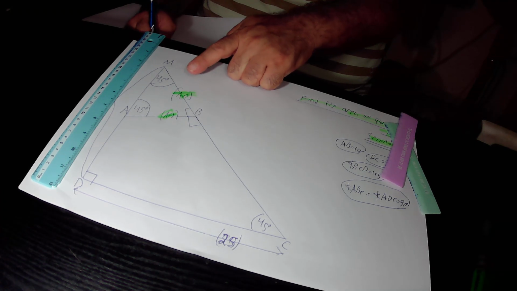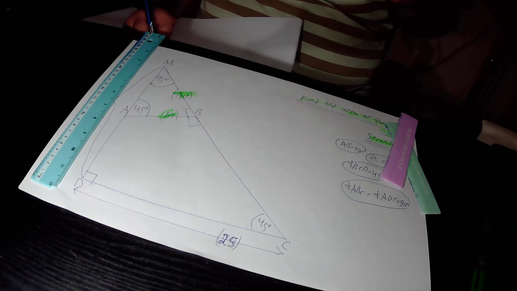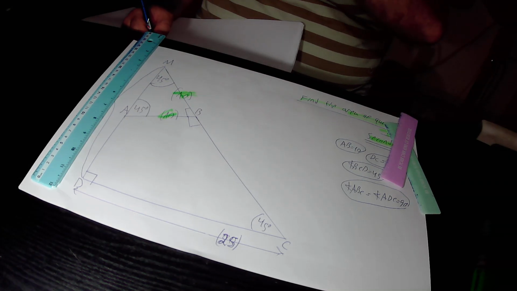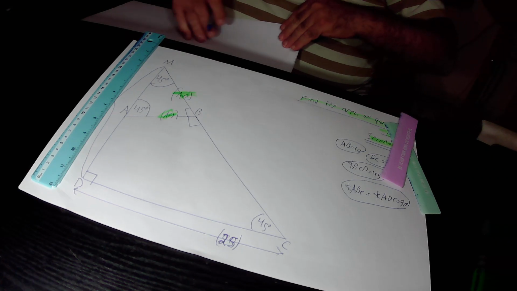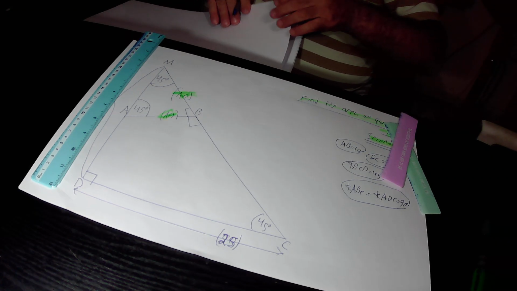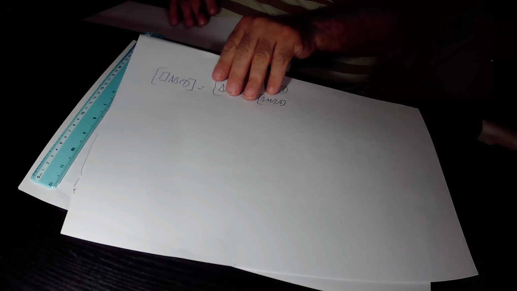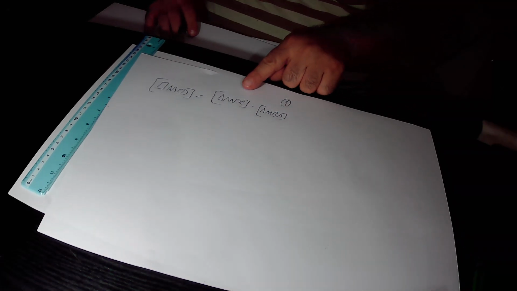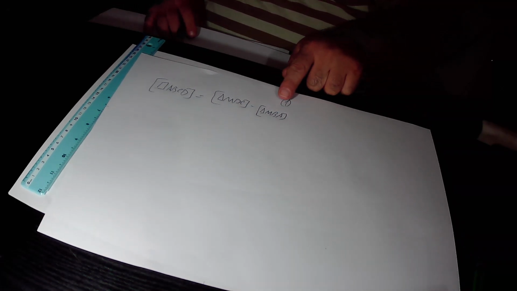Again, the area of this quadrilateral ABCD, the area that we are looking for in this question, must be equal to the area of the big right triangle MDC minus the area of the small right triangle MBA.